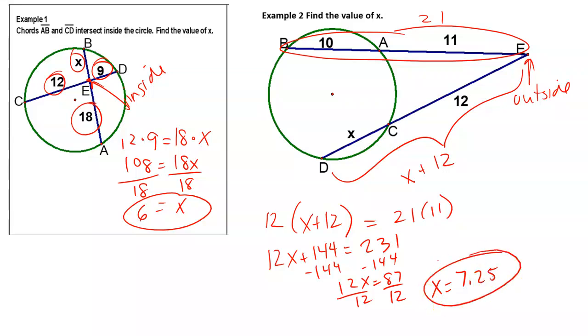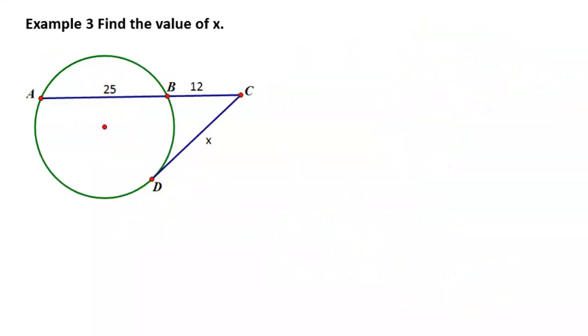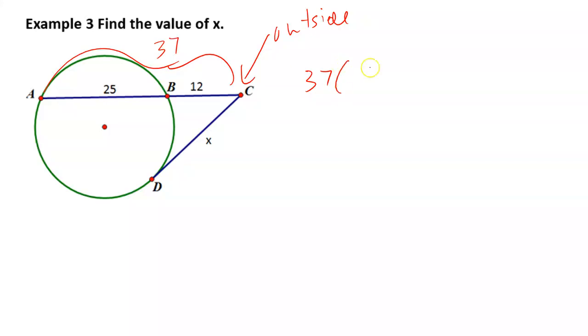Both of these just ask me to solve for x. And then for our last example, this is outside, but this is a tangent. So you need to do this whole thing, which is 37. So 37 times the part that's on the outside, which is 12, equal to the tangent squared. So 37 times 12 is 444.